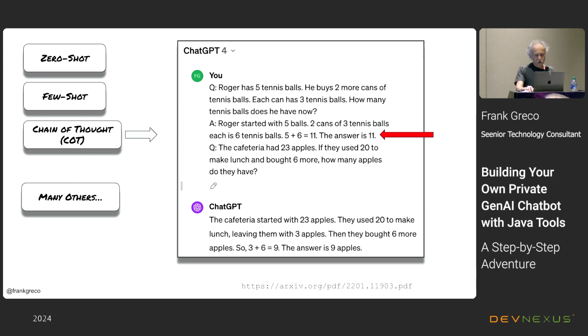And then here's something called chain of thought, which is popular. When I first was playing around with this stuff, I was told it's really bad at math. And I said, what? It's running in the cloud with all these GPUs. What do you mean it's bad at math? It's a language system.